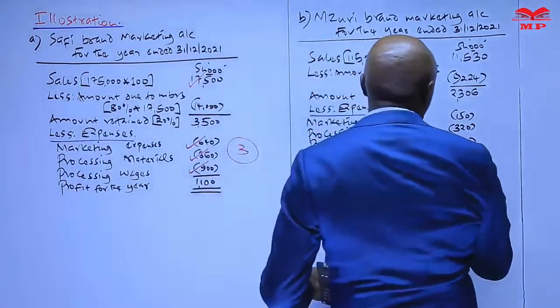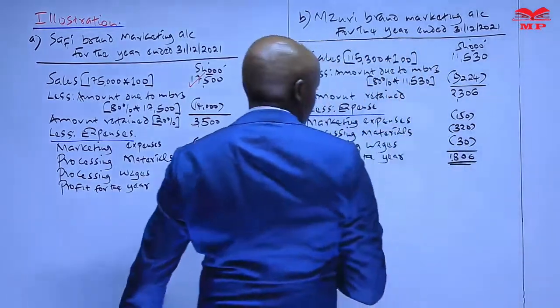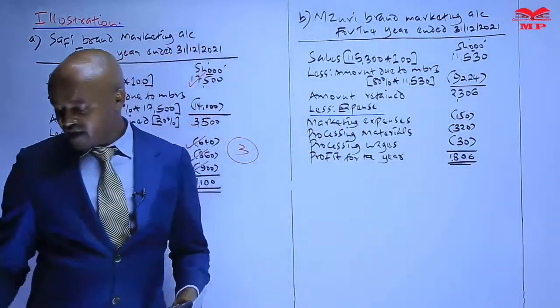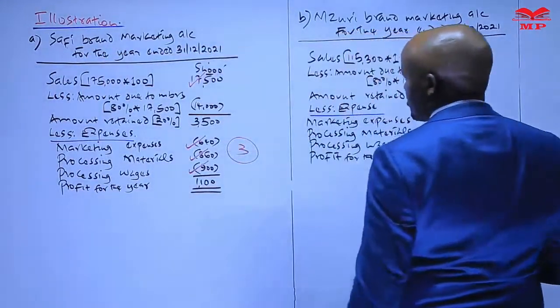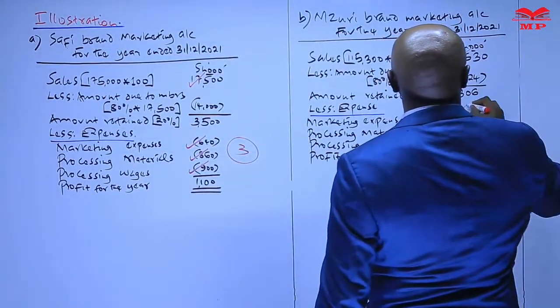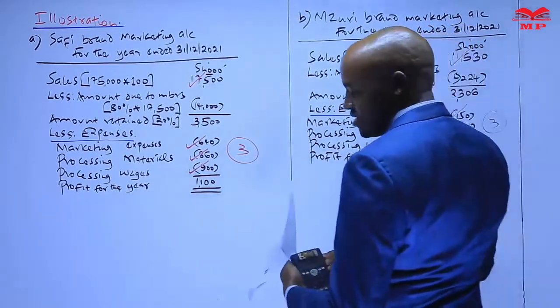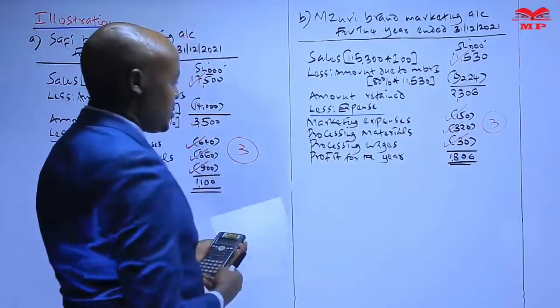That gives us 1806, which is now the profit for the year. Equally, that is what was required as far as part B of that question was concerned. And these are some of the items which were marked as far as that part is concerned. And by doing that, you get now your 3 marks.